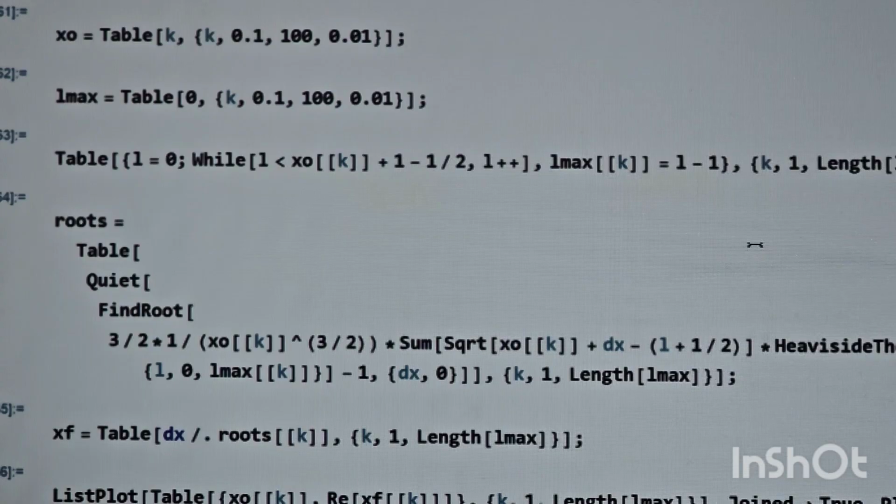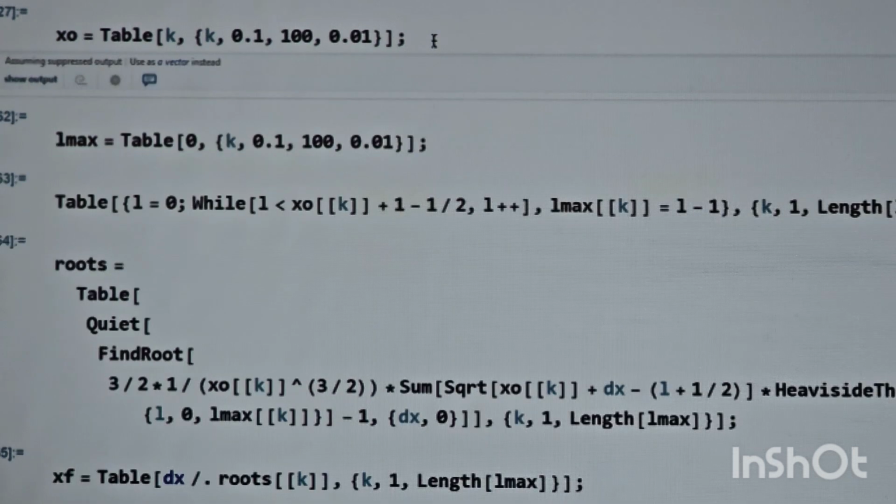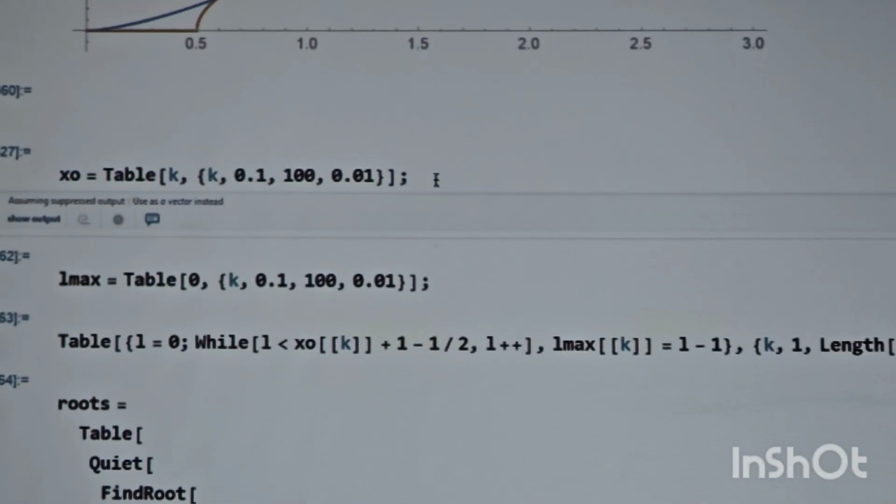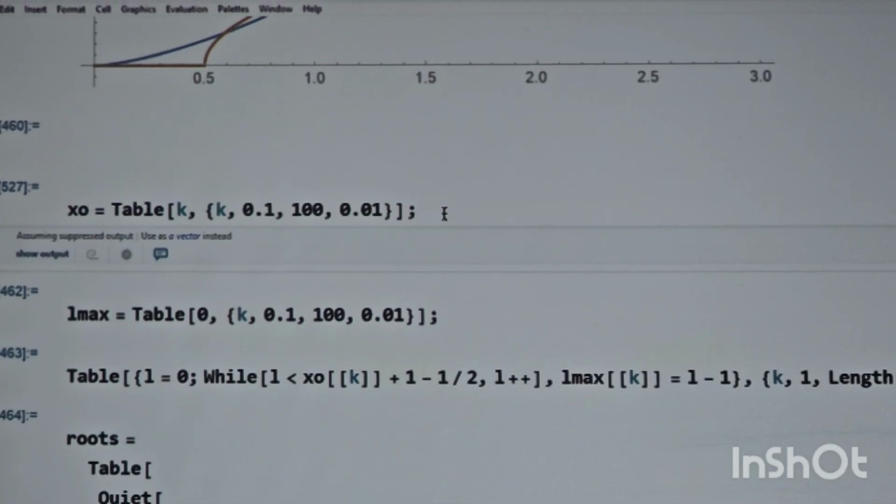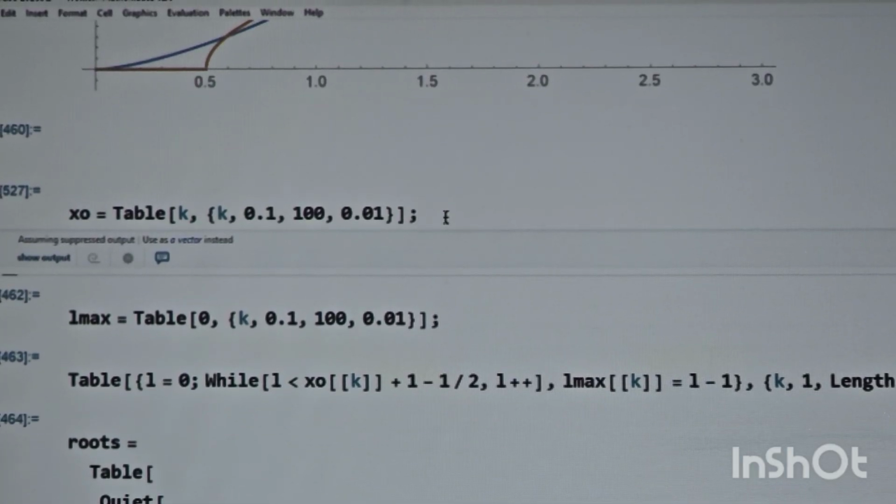Can you see it? Okay. So x naught is my sequence of fields. It's a table that goes from 0.1 to 100 in steps of 0.01. So I get approximately 1000 points.